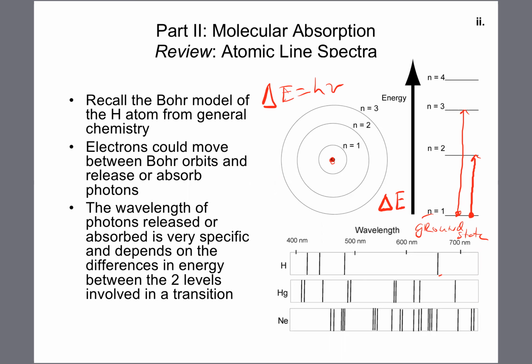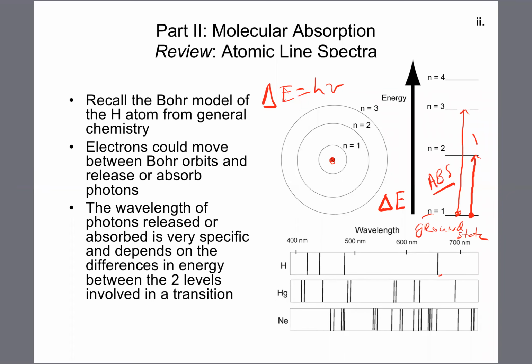If the energy of the photon, given by h nu, was exactly right to bridge that energy gap, that atom could absorb that photon of light energy, and the electron could be promoted to the higher level through a process called absorption. In this case, atomic absorption.